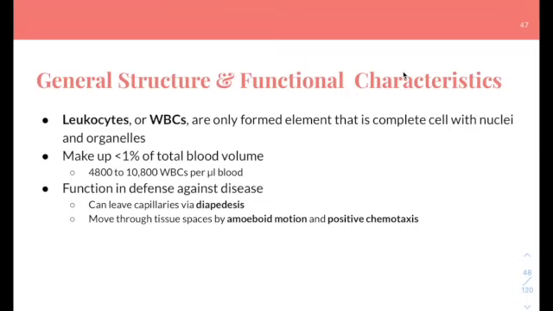White blood cells' main job is to fight diseases. As they travel around the bloodstream, they can actually leave the capillaries by what's called diapedesis. It's where they kind of slither in between the cells that are holding those capillaries together and go outside of the capillary beds into the tissues to do whatever they might need to do.